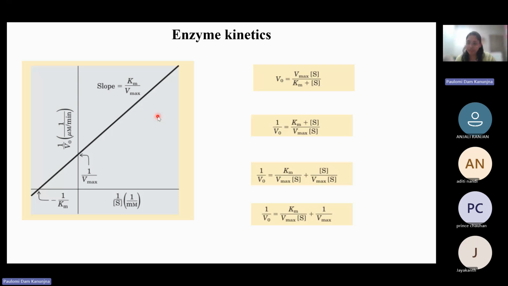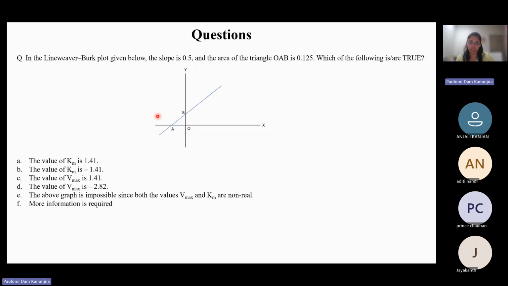If you give the values, then you will be able to look at the answer and give me the option correctly, because the answer options are in exact values. Let me show you the answer values first. They are 1.41, 2.82. So do you have the values?